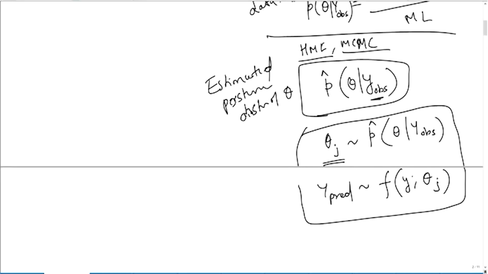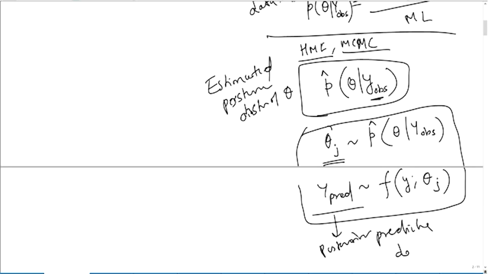This is what we use to generate future data. Basically, what the model predicts after estimating the posterior distribution of the parameter. So, now we are generating future predictions based on samples from the posterior. This is called posterior predictive data.